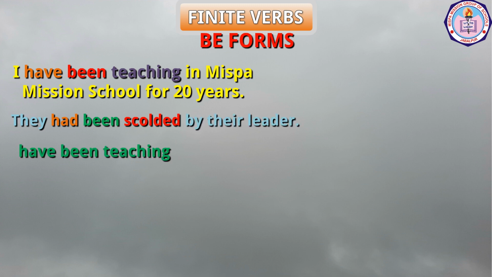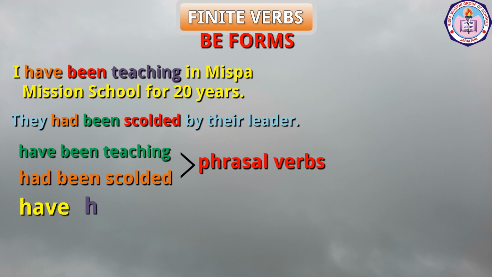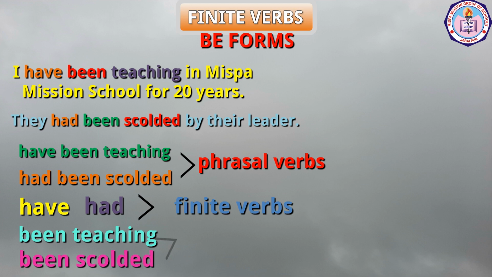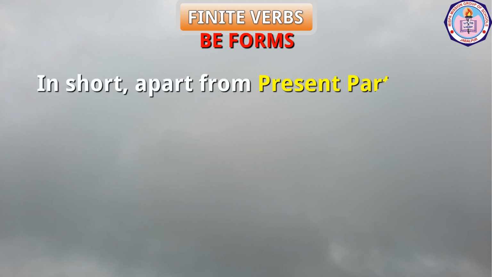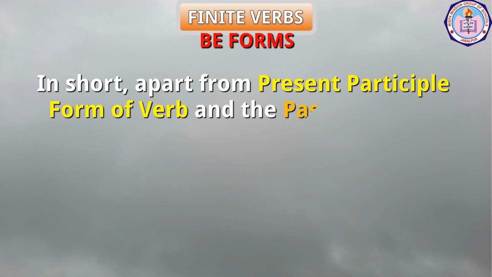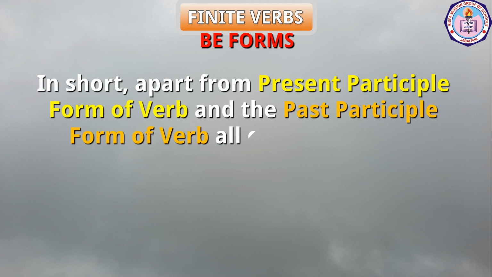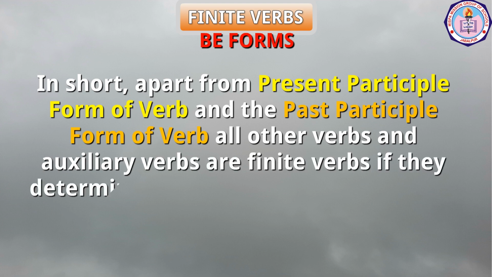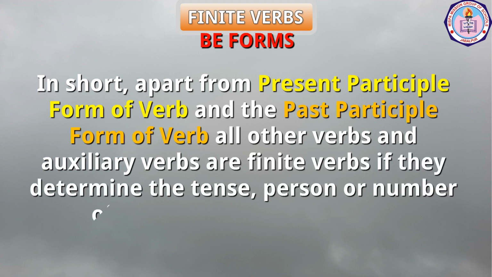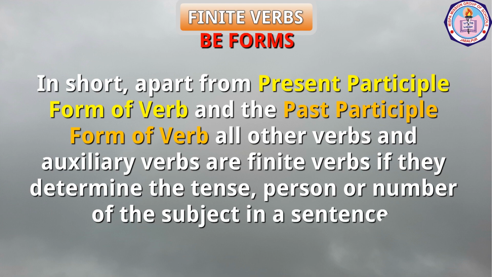Here, have been teaching and had been scolded are phrasal verbs. The finite verbs are have and had. Been teaching and been scolded are non-finite verbs. In short, apart from the present participle form of verb and the past participle form of verb, all other verbs and auxiliary verbs are finite verbs if they determine the tense, person, or number of the subject in a sentence.